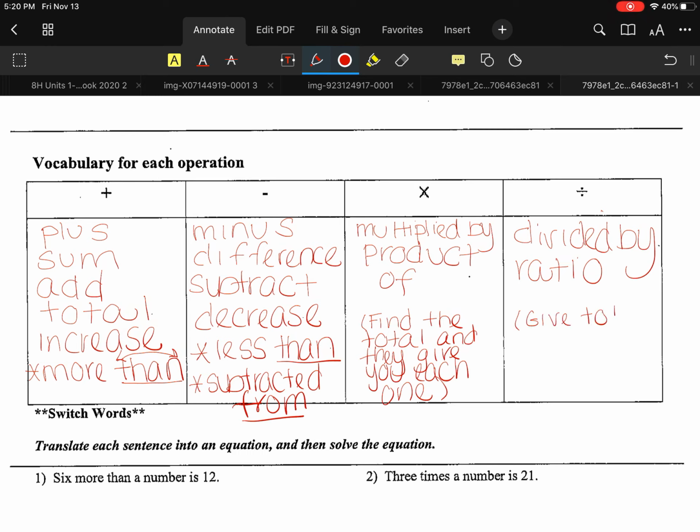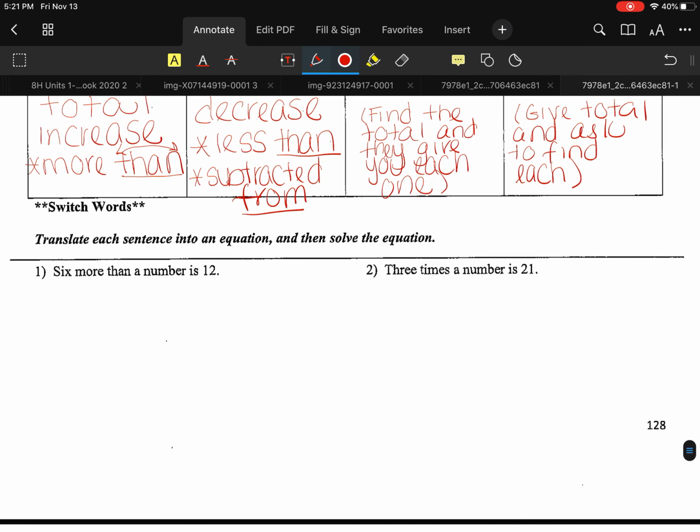Okay, and then here they give the total and ask you to find each. If that makes sense, because I know a lot of you get that word each confused. You don't know when to multiply or divide. So division, they give you the total and they ask you to find each. Or if they ask you to find the total, then you're going to multiply if they tell you how much each one is. So let's look at some translating.